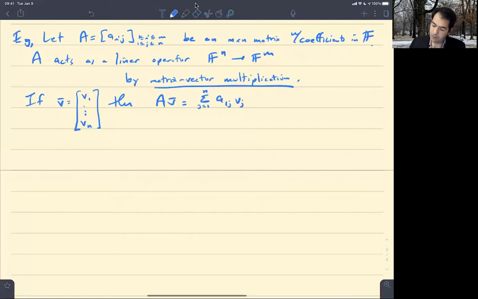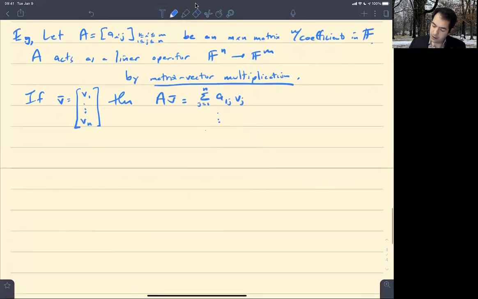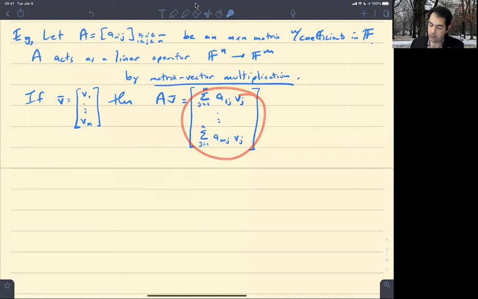These are numbers. Dot dot dot. Sum, j goes from 1 to n, A_mj v_j. So I have one entry for each row of A. So I end up with the same number of rows as A had.